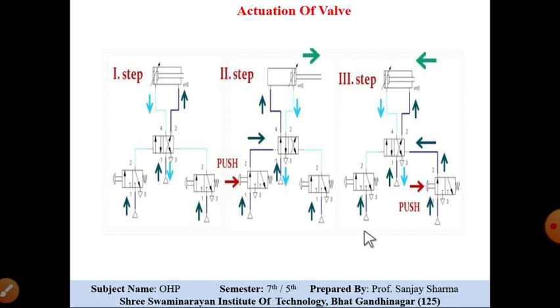So here, friends, this is the main DC valve, and this is the secondary DC valve, which controls the operation of the main valve. So here there is no direct control on the main valve. Whatever the controls are done, they are on the secondary valve.